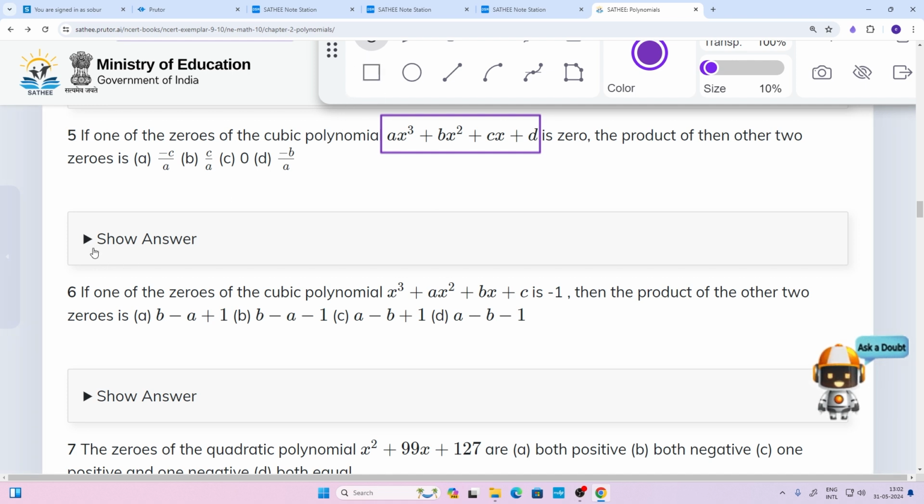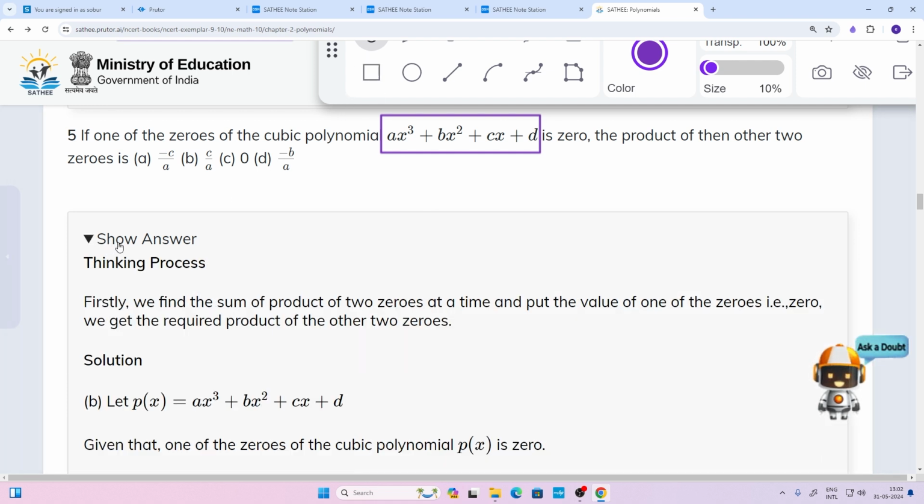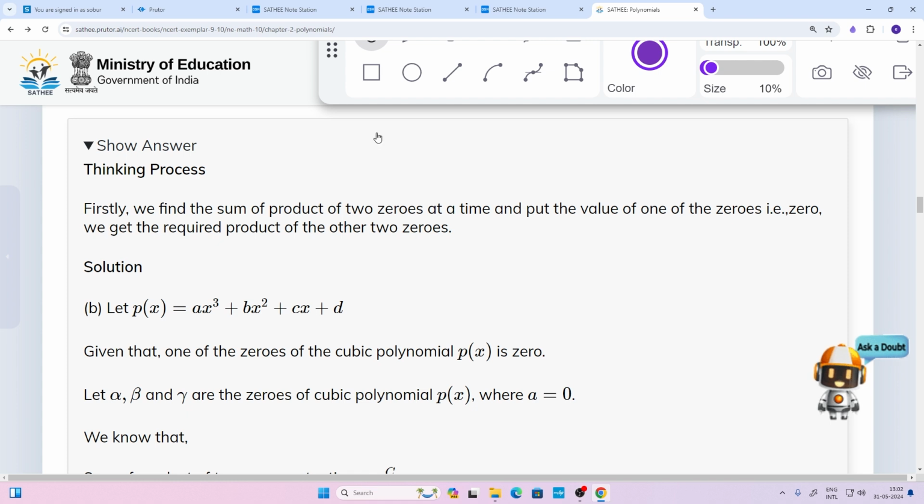So what is the thinking process? Firstly we find the sum of products of two zeros at a time, and put the value of one of the zeros as 0. We then get the required product of the other two zeros.